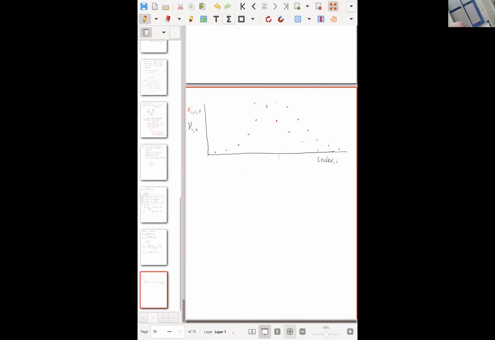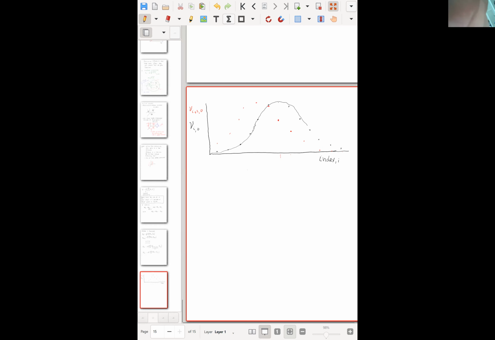It's just shifted over. Okay, so I'm going to actually draw lines through there, it's a little easier to see. So this is our ν_i0, and this term here is ν_{i+2},0.